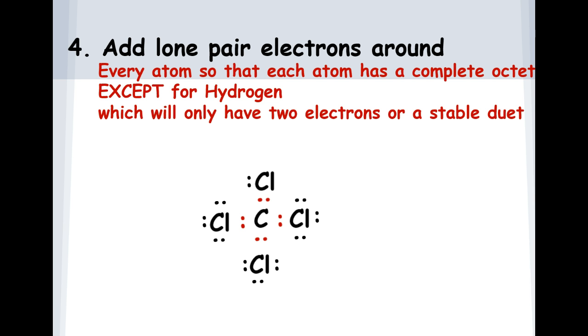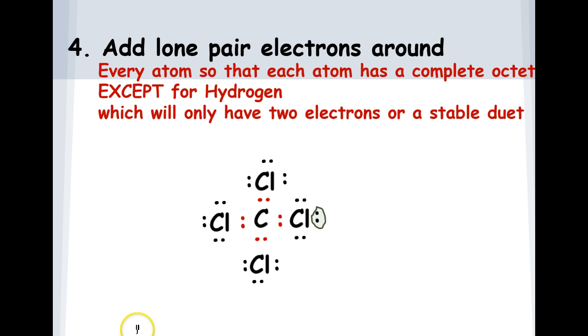So we'll just get those drawn in there. And if we take a look at this, the red electrons are what are being shared between the carbon and the chlorines, and so they belong to each. Around the carbon we have 8 electrons, and around each one of the chlorines we have 8 electrons, so they have a complete octet.